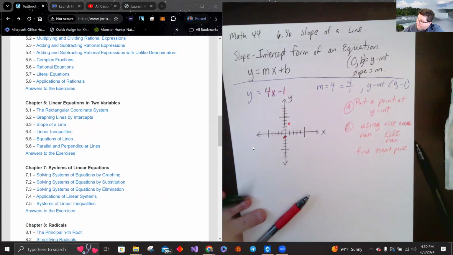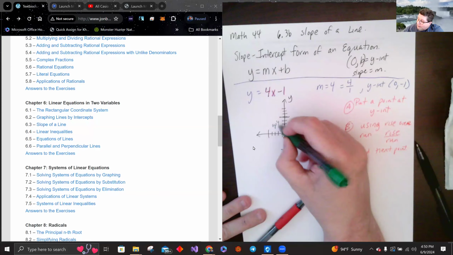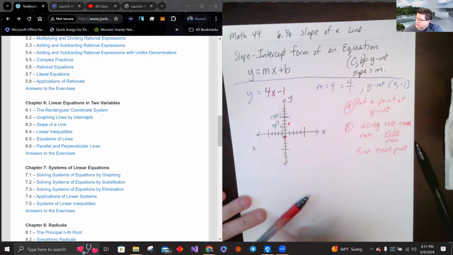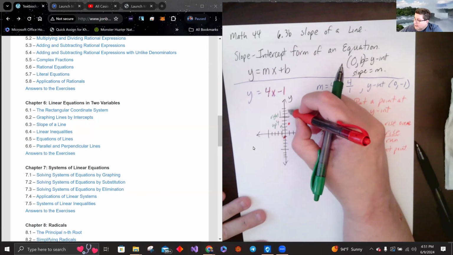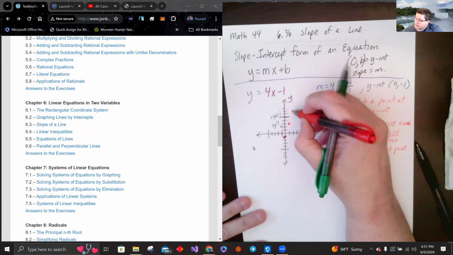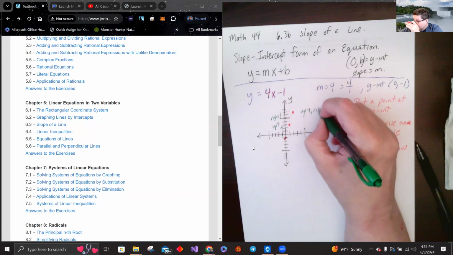So I've gone up 4 and right 1. I can keep doing that. I can go up another 4 and right another 1. So I did it again here, up 4, right 1 from the last point.